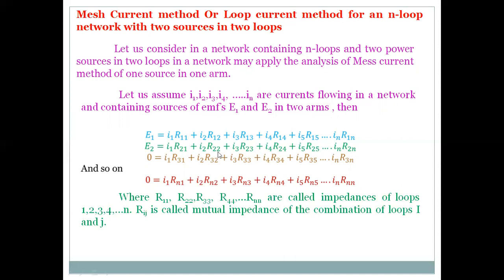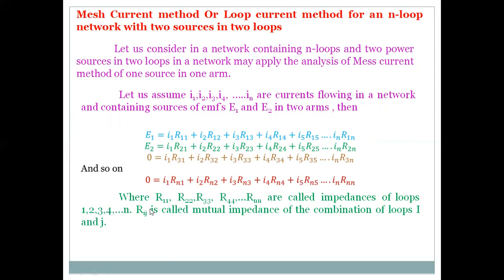Here R11, R22, R33, and so on, RNN are the impedances of loops 1, 2, 3, 4, and so on, N. The remaining terms R12, R13, R14, R15, R1N, R21, R23, R24, etc. are called mutual impedances.